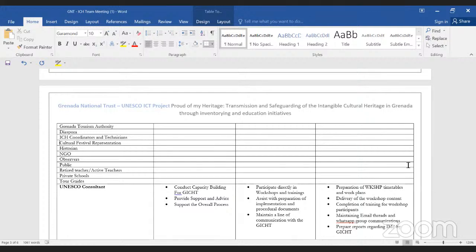If there are more than 5 or 6, that will be wonderful. But again, our budget is limited in the quantity of persons. If more people show up as volunteers, that will be wonderful, because the technicians will be working and guided by the ICH coordinators. Thank you. Okay. Let me ask.